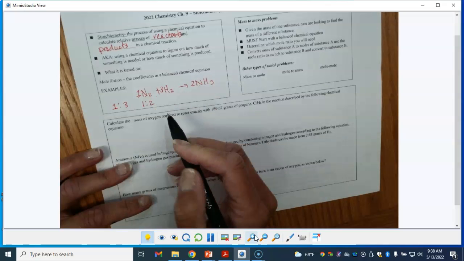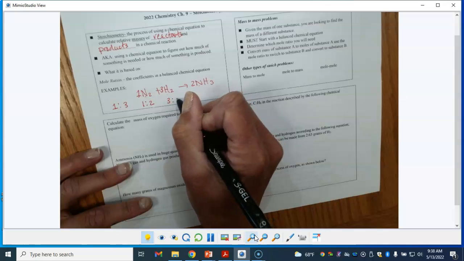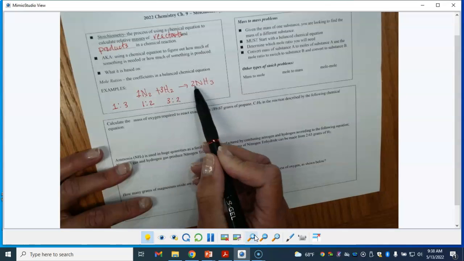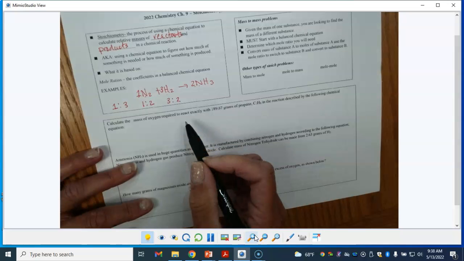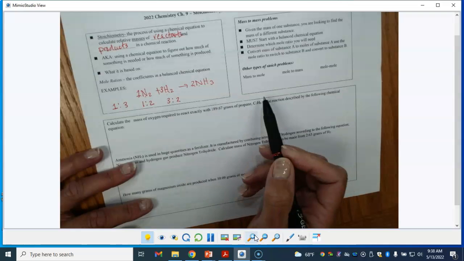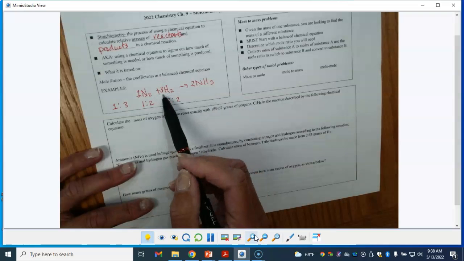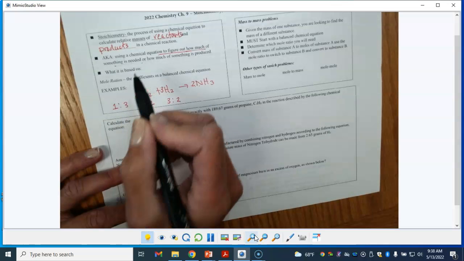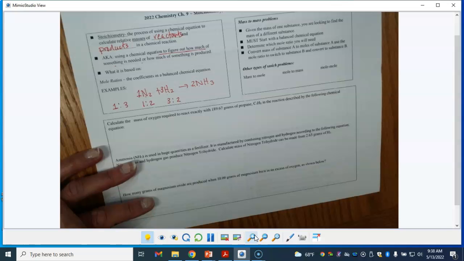We have a 3:2 ratio of hydrogen to ammonia. Or we could also say we have a 1:3:2 mole ratio. But these mole ratios, again, are going to help us determine how much of a product or how much of a reactant we actually need.